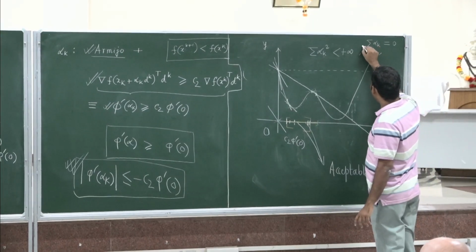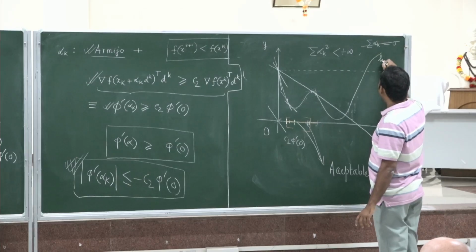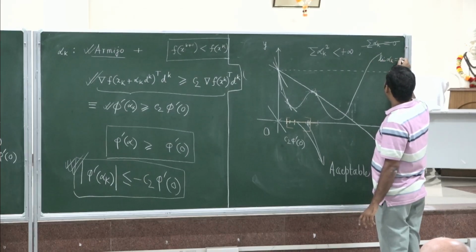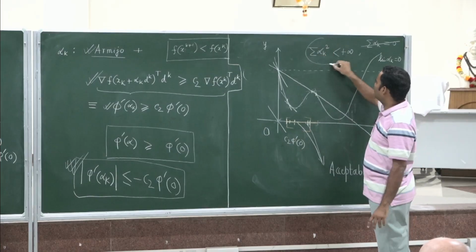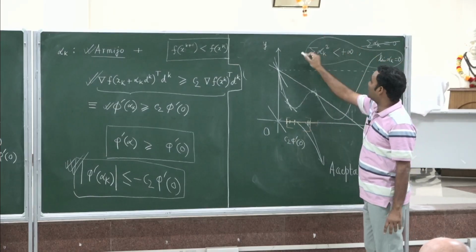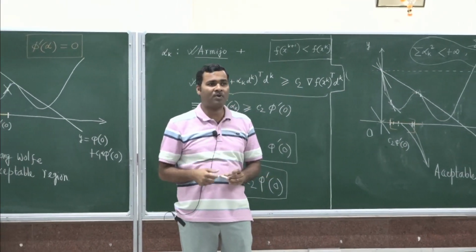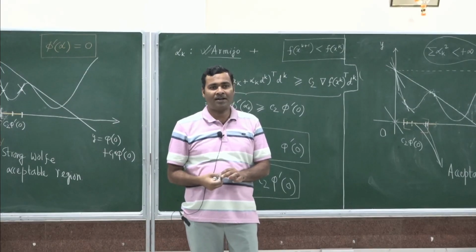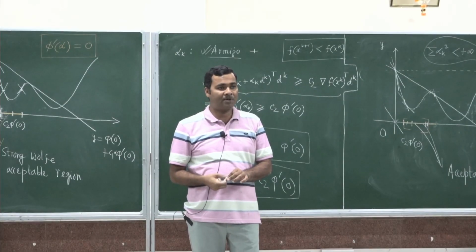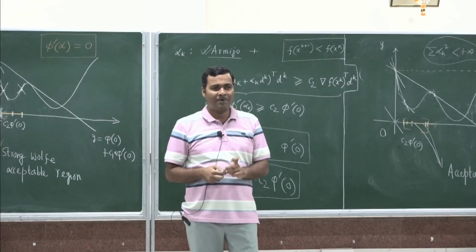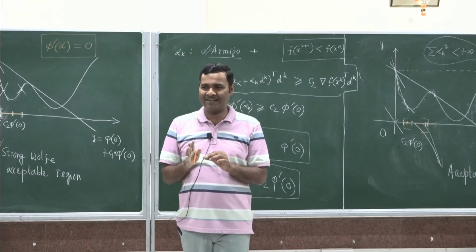Also, although you don't require this, limit of alpha k is equal to 0. These two conditions are essentially sufficient, so that with this choice of alpha k your method will have global convergence irrespective of what descent direction you choose, provided the direction is gradient related.